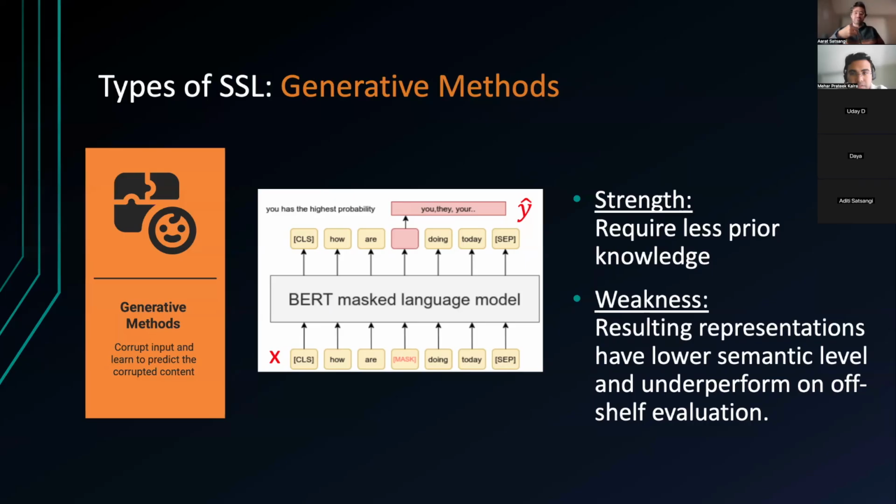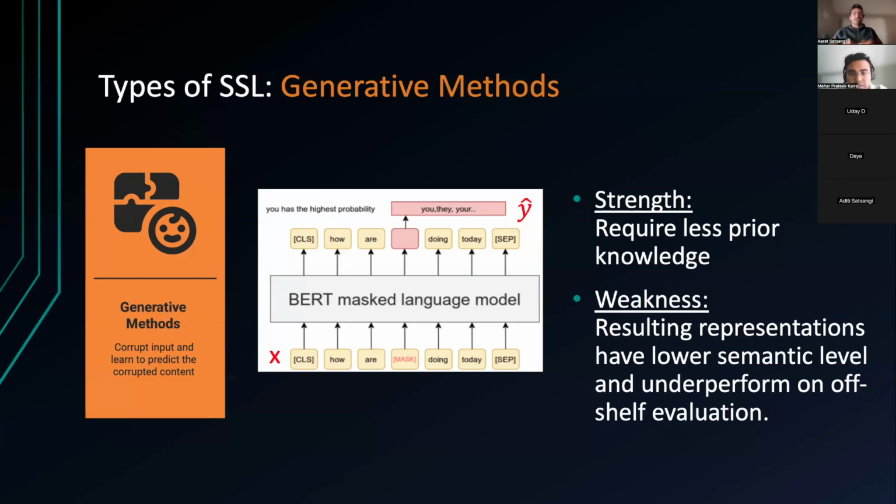You have to go from the corrupted X to the Y. The strength of this type of method is that it requires less prior knowledge, but the weakness is that the resulting representations have a lower semantic level and underperform on off-the-shelf evaluations.